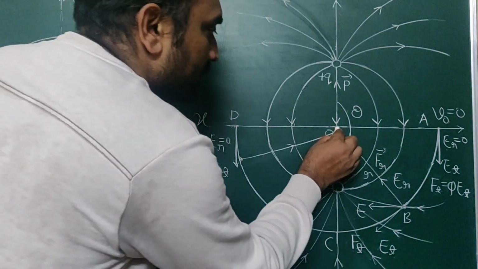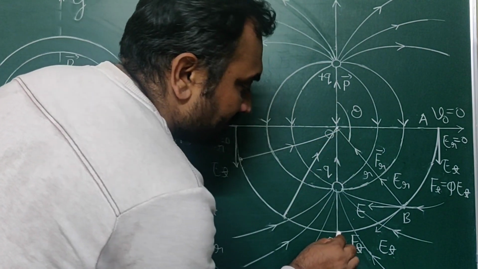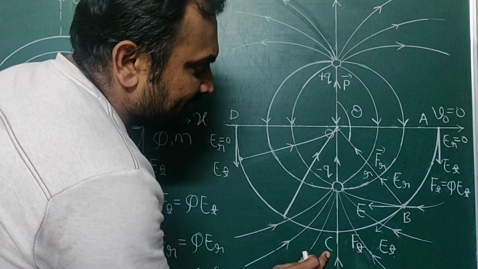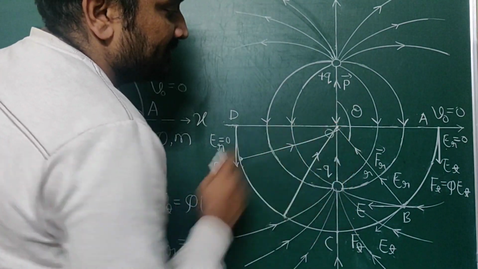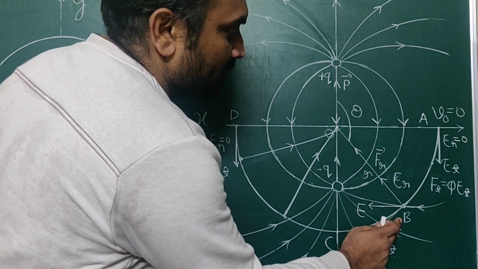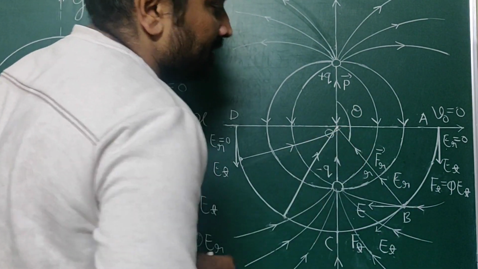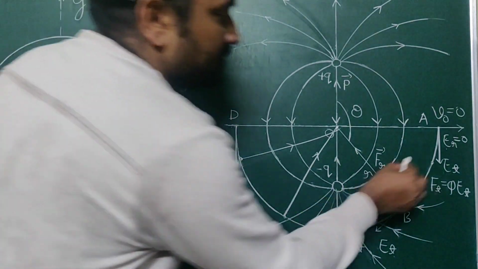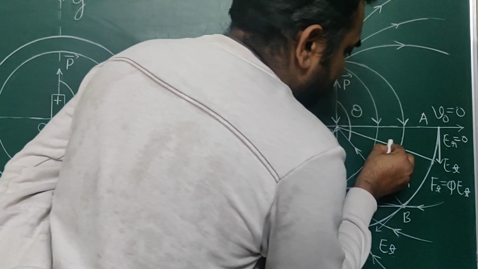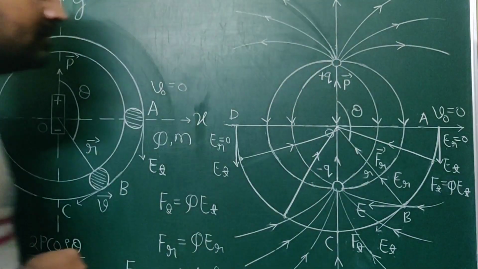Similarly, if the bead is here at point C, then it will experience a radial force towards the center. And at point B, the radial force will be acting towards the center in this direction. If we imagine the bead is here, then the radial force acting on the bead will be in this direction.